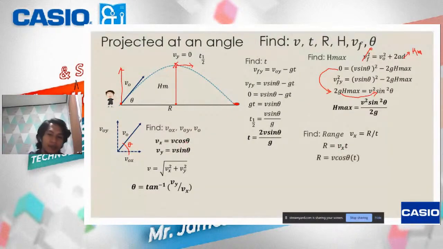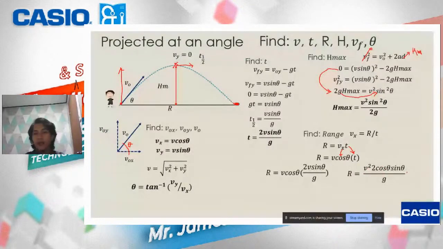Then our time here will be this one, since our total time traveled is this. So we just multiply these, and we get R, or range, is equal to v squared 2 cosine theta sine theta over g. Okay?